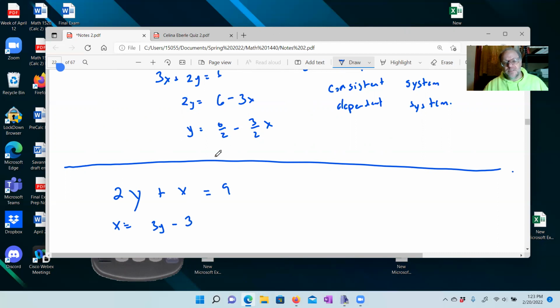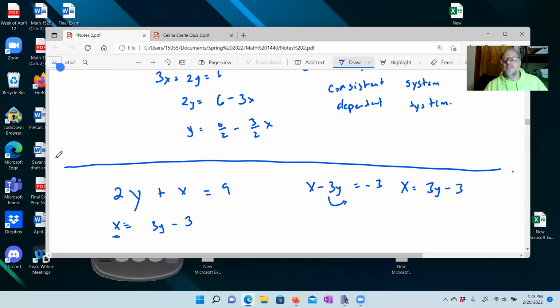The reason why this is screaming at you that you should use substitution is because you have a single variable isolated here. If we had x minus 3y is equal to minus 3, this would still strike me as a substitution problem because it requires one step, and we have x is equal to 3y minus 3.